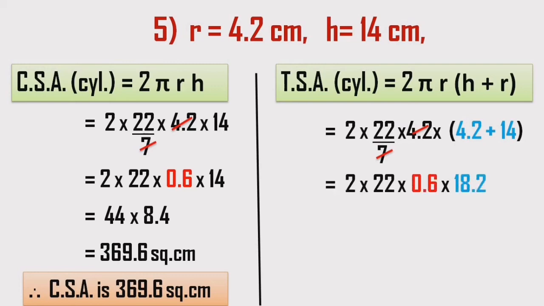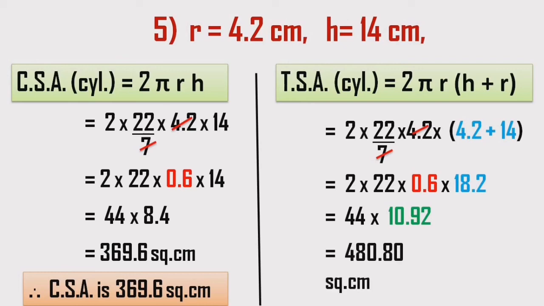That is the addition's answer. Now we have 2 into 22 into 0.6 into 18.2. Now we will group them. 2 into 22, we get the answer 44, and 0.6 multiplied by 18.2 results in 10.92. The way I told you, do the normal multiplication, and then we have to give the decimal point after 2 digits from the right side.